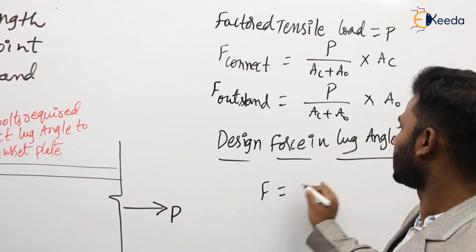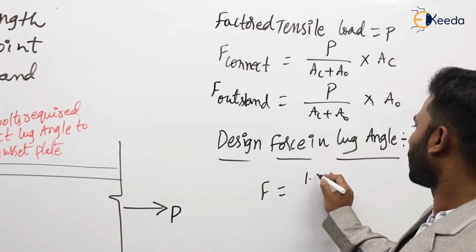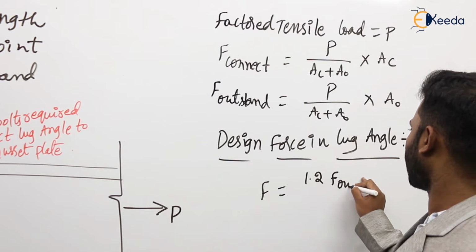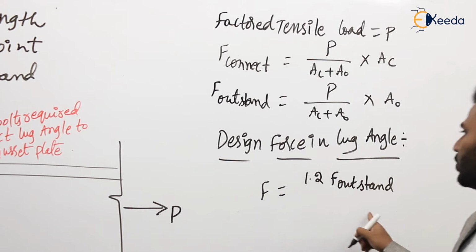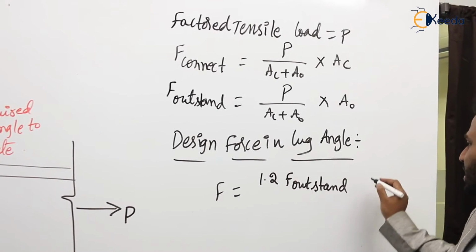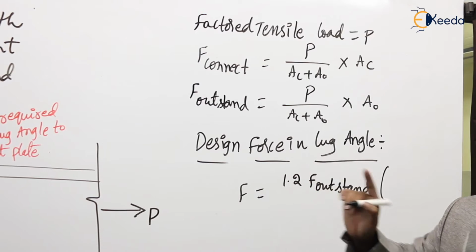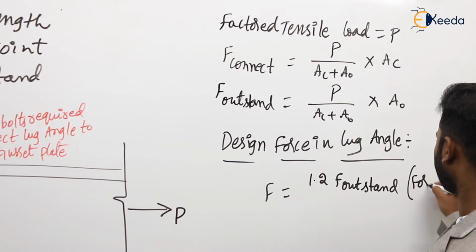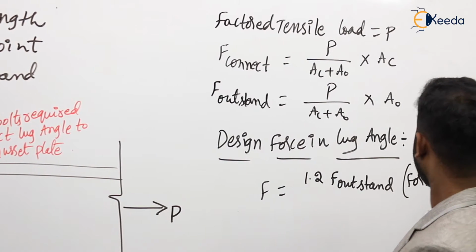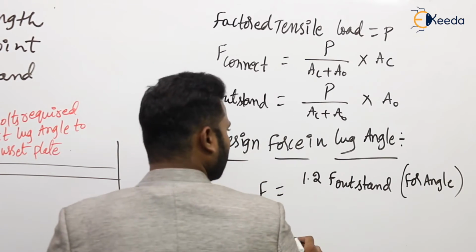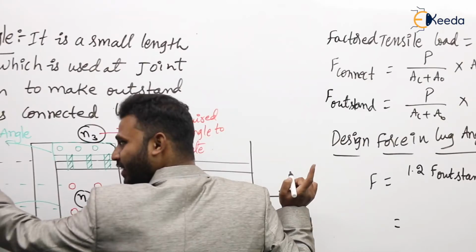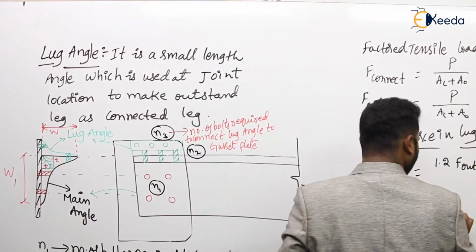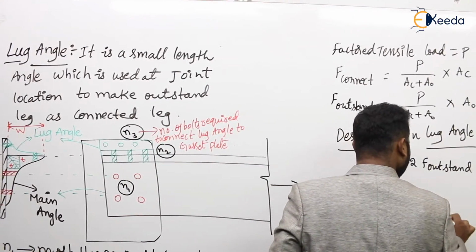F is equal to 1.2 into F outstand. So this is if we use the main member as an angle. And if in place of the angle we use a channel, then it is 1.1 F outstand.